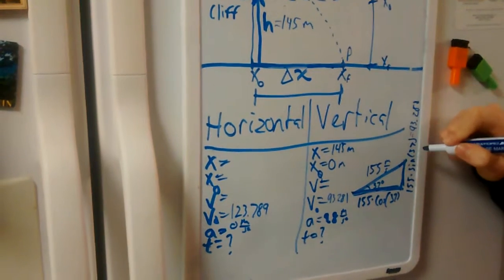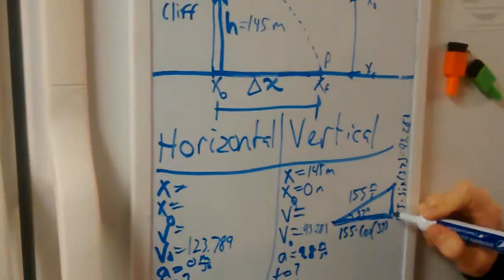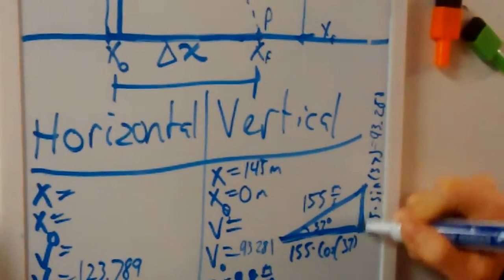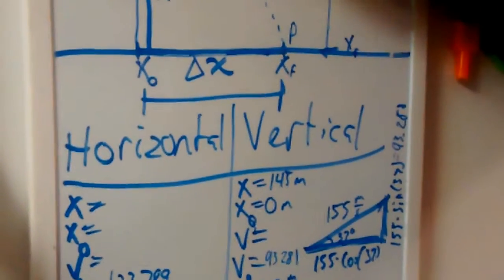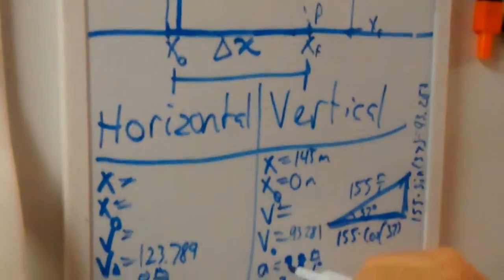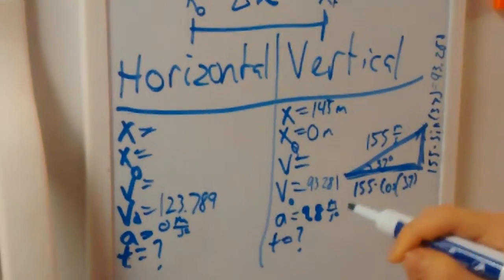So this right here, 93.281, is the initial vertical velocity. This vertical velocity right here is the same as this right here. In our vertical components, we listed the acceleration as 9.8 meters per second positive. That's very important.